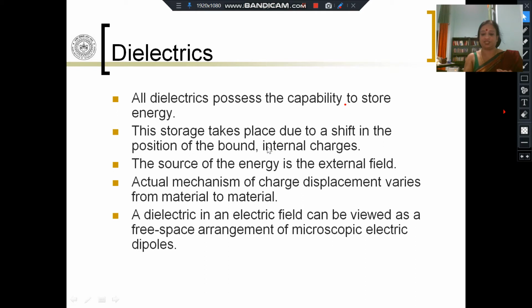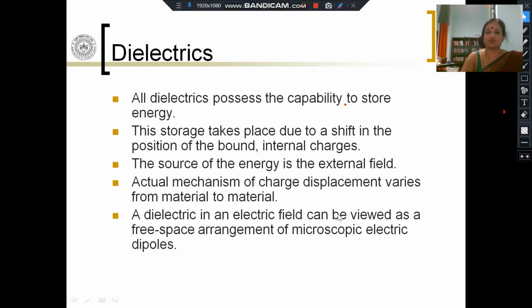So we will imagine that we have vacuum, and in that vacuum, we have a collection of dipoles. Where did those dipoles come from? How did that happen? I will discuss. But a dielectric material at the moment, we can look upon as a free space arrangement of microscopic electric dipoles.